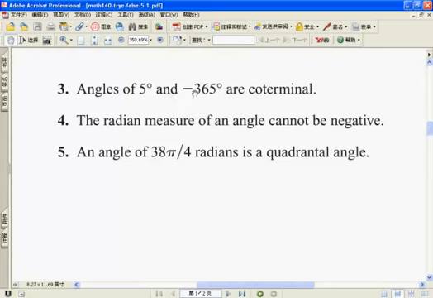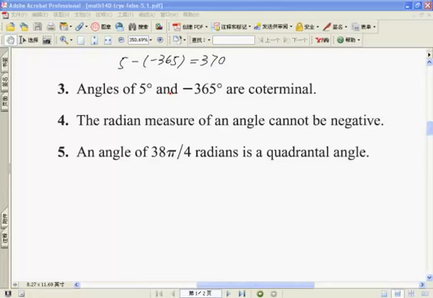Now, what is the difference of these 2 degree measures? Let's get the difference. 5 minus negative 365 is equal to 370. Right? It's not a multiple of 360. So this one is false.